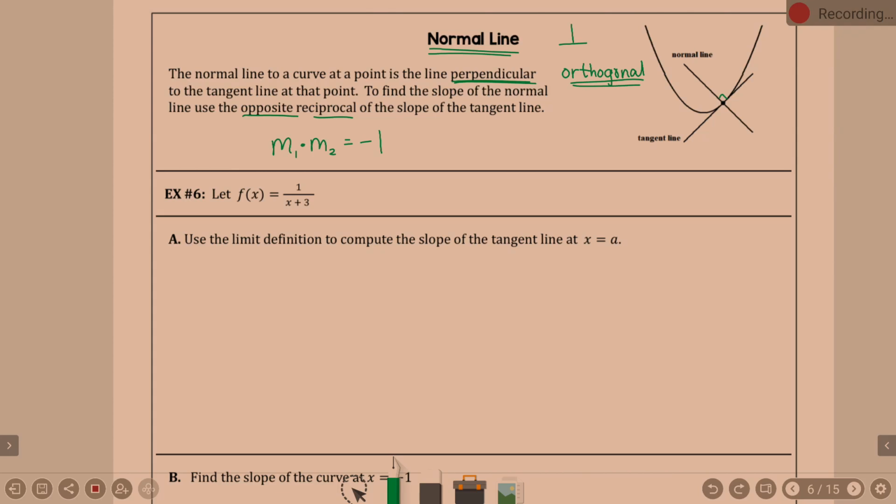So, remember our limit definition from the previous slide? The slope is going to be the limit as h approaches 0 of f of a plus h minus f of a, all over h. That's what we're filling in, right?